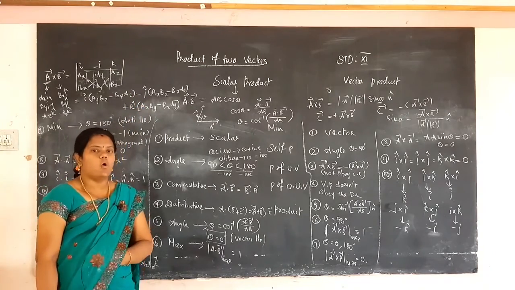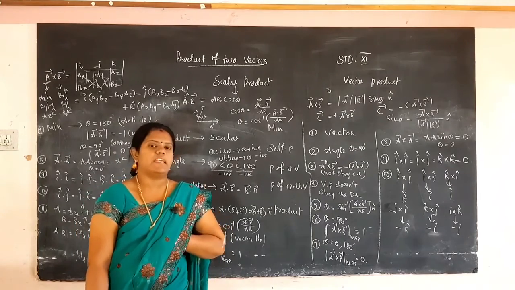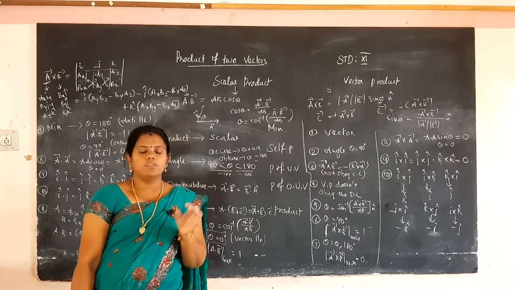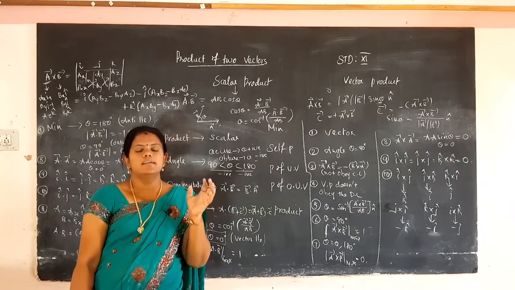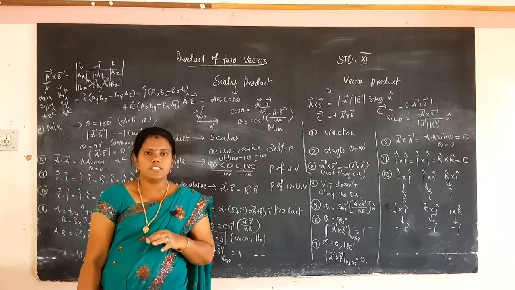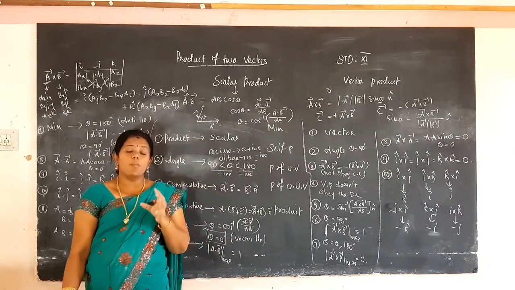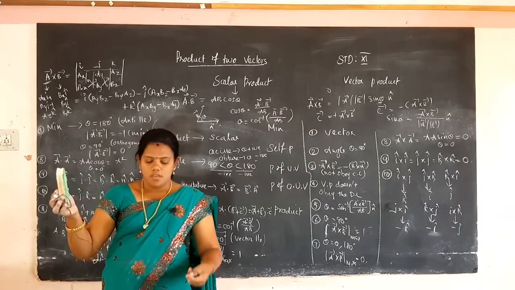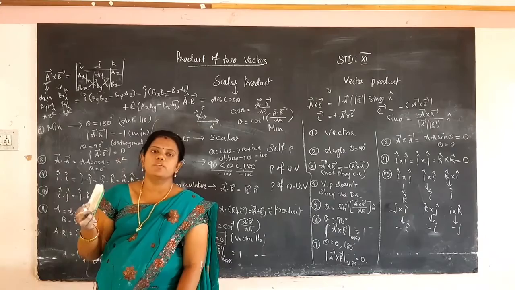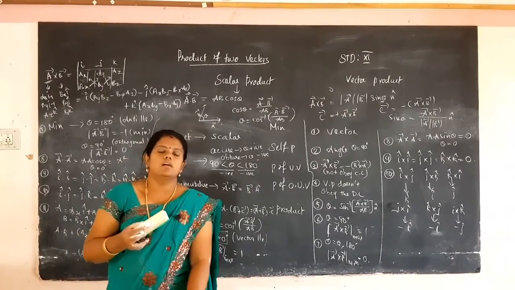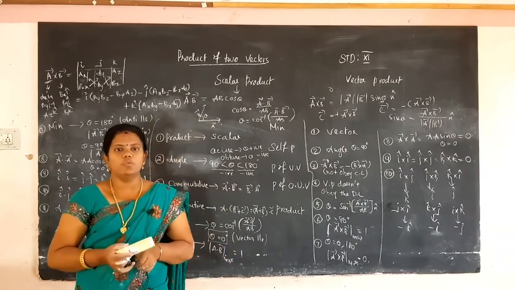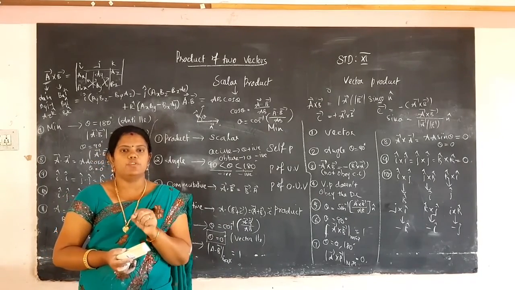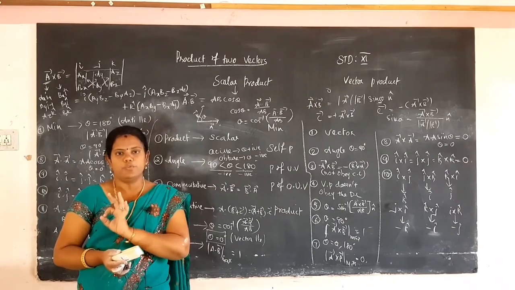So all these 10 points are very, very important for scalar product and vector product, so you have to learn them thoroughly and then write down all the points. In today's session I explained what the components of unit vectors and vectors are, how to mention the components of a vector, how to take two-component and three-component vectors, and the points in the scalar product and in the vector product of two vectors.